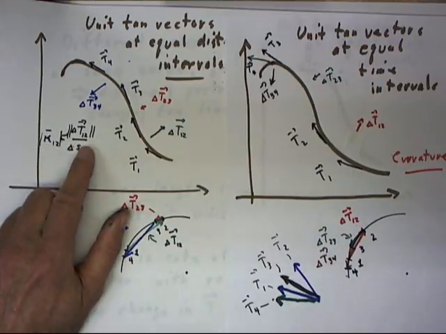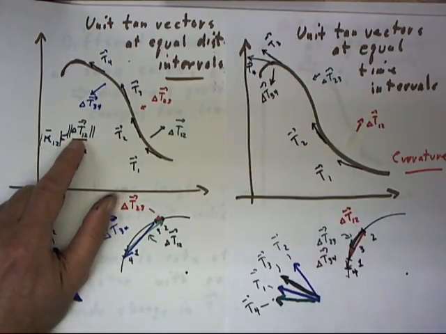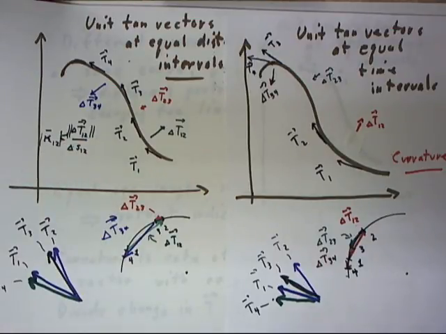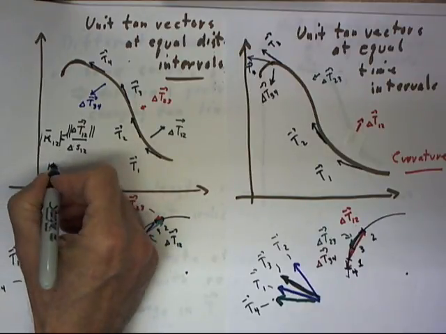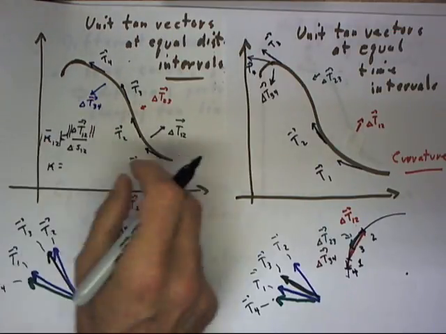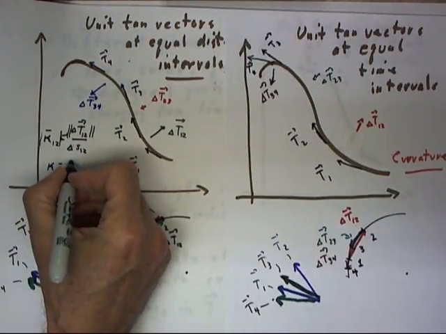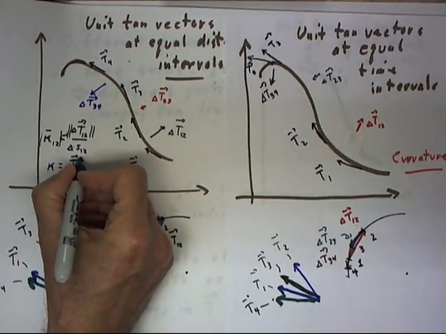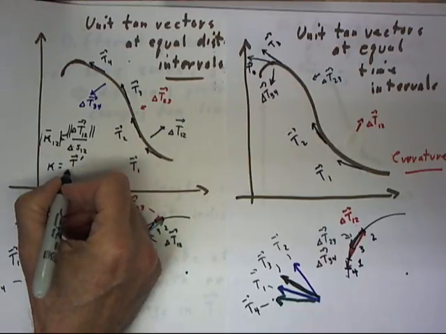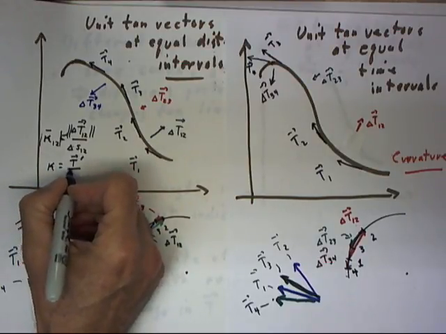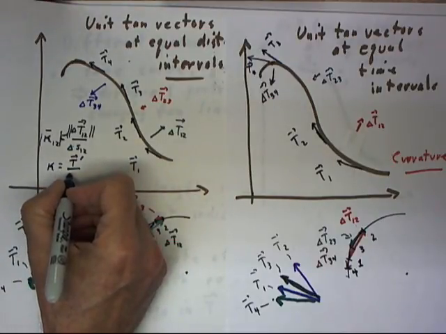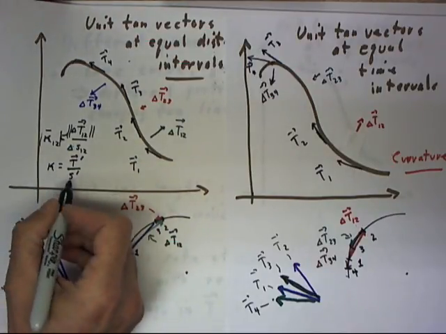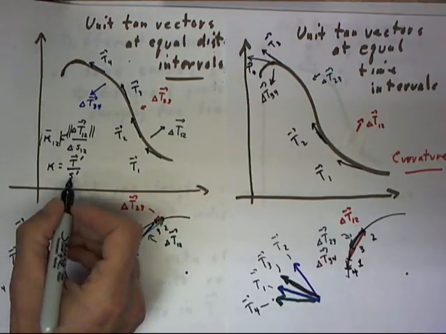So when we define the average curvature, we're going to define it to be the change in the unit tangent vector divided by the distance. And it's not hard to see that in the limit as delta t goes to 0, that's going to be, what? The derivative of our unit tangent vector. Well, I'm going to write it this way then. Derivative of the unit tangent vector times the rate at which our position is changing.